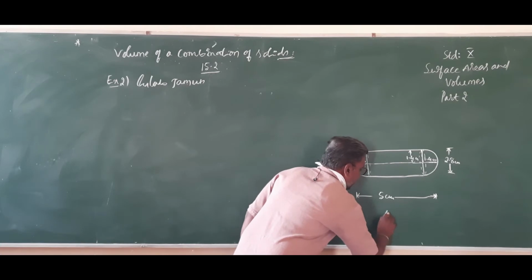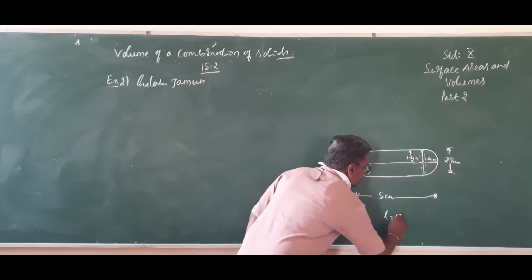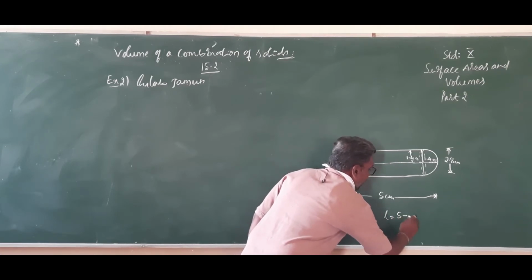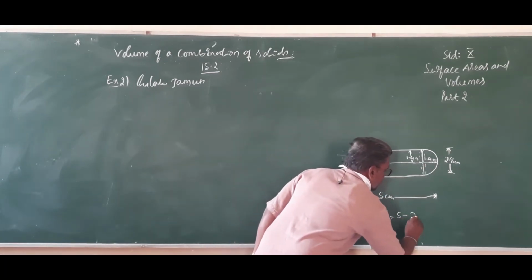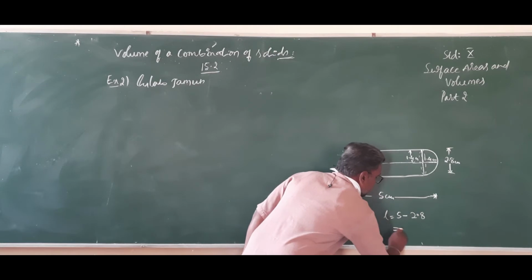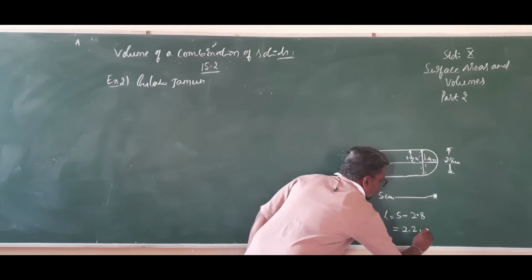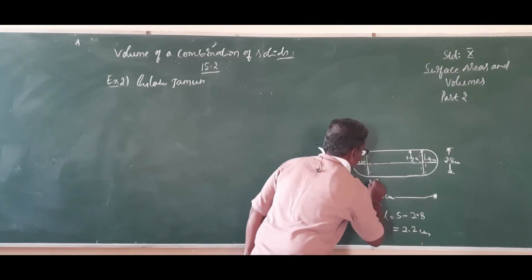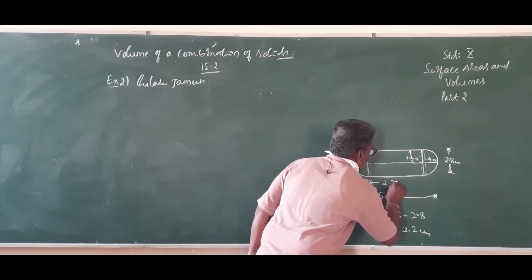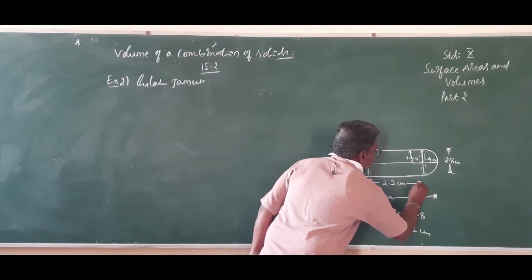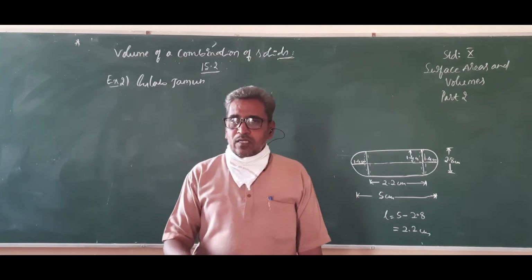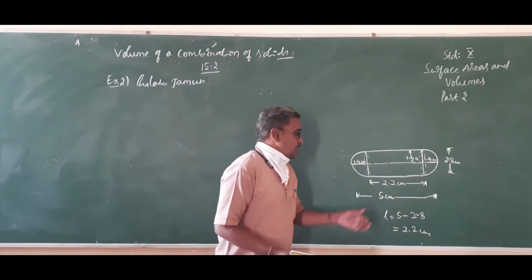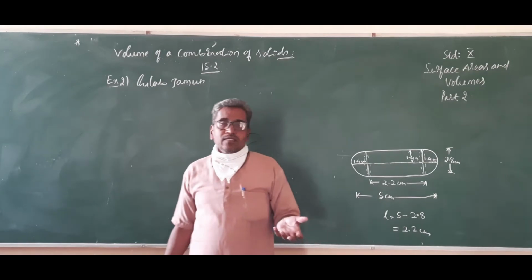So the length of the cylindrical part is 5 minus 1.4 plus 1.4, that is 5 minus 2.8, which is 2.2 centimeter. That is the length of the cylindrical part. When the idea is represented diagrammatically, we can understand easily to calculate.